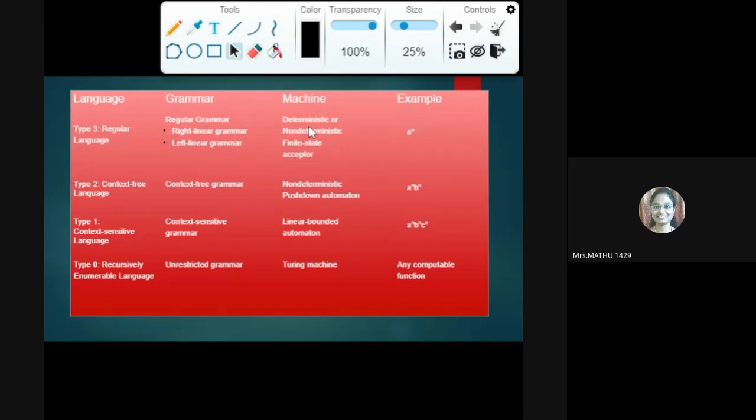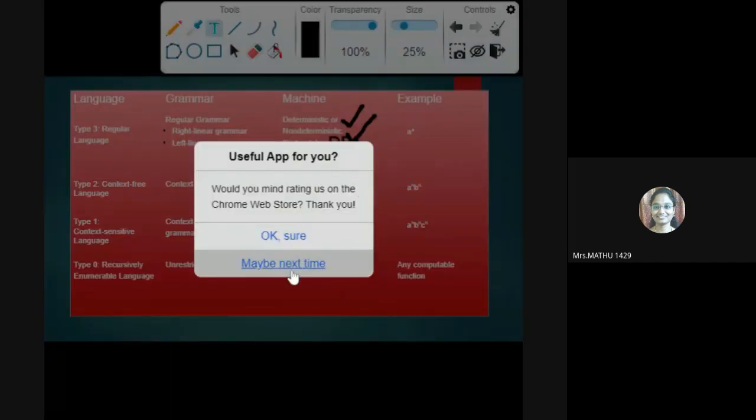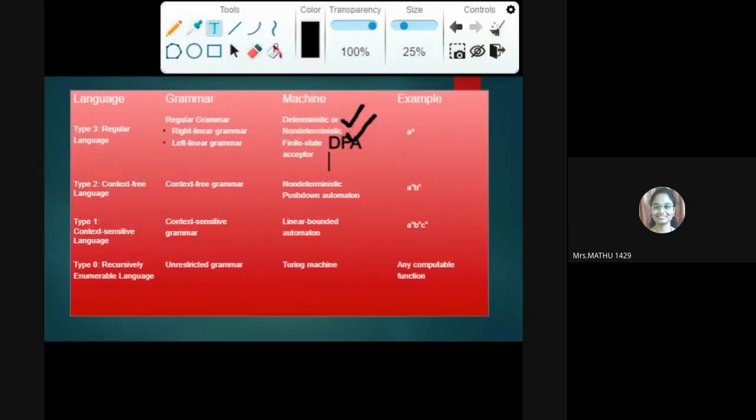There are two types of automaton for that. One is the deterministic finite automaton and the other is the non-deterministic finite automaton.